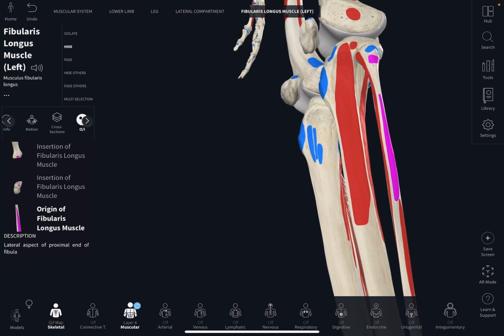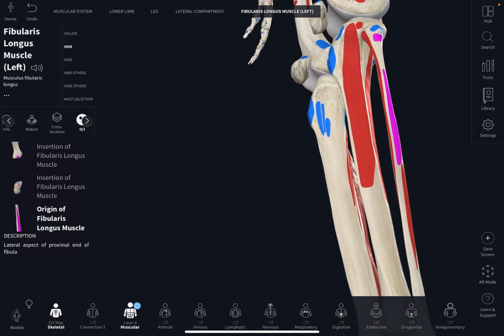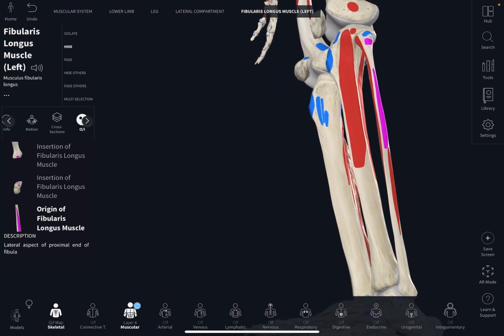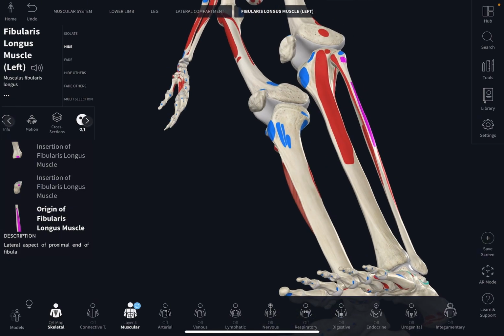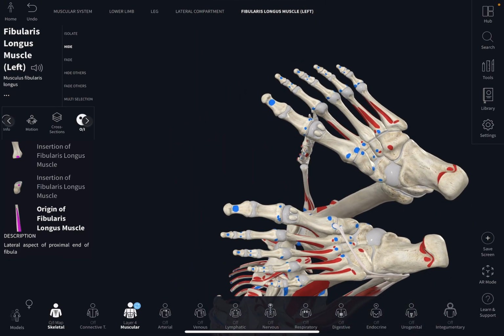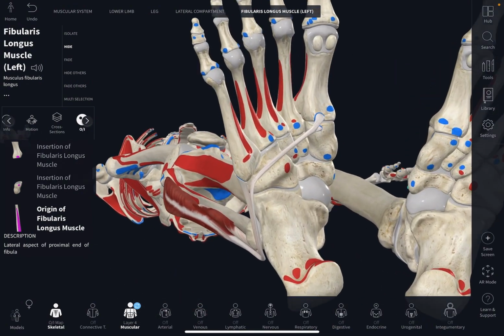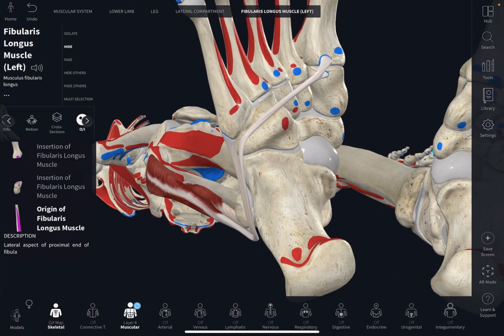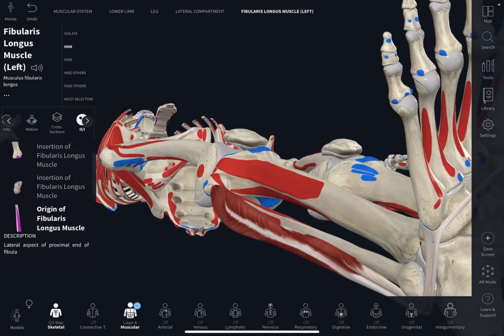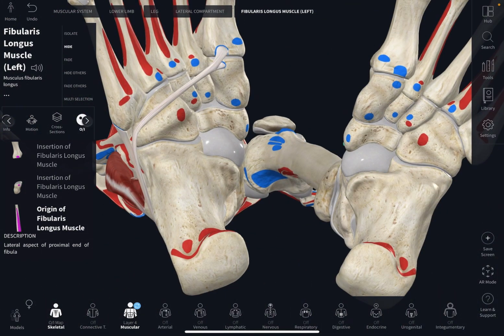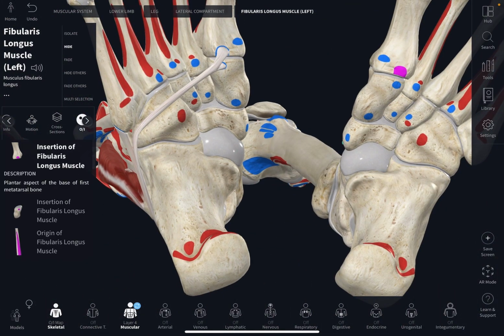And it's going to insert at the base of the first metatarsal bone and the medial cuneiform. So right here, you see how it kind of crosses over? It's going to attach itself right here and here.